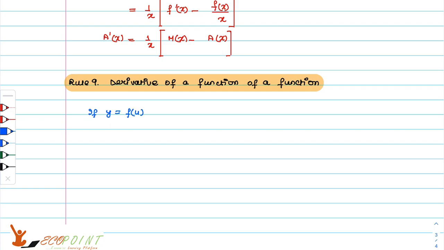If y is equal to f of u and u is gx, so of course y is the function of x.